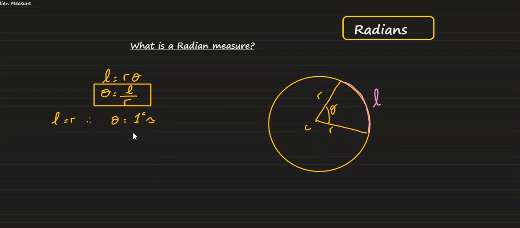And we know from this tutorial that 1 radian is equal in degrees to 57.3 degrees. And lastly, if we take the radius and make it equal to 1 unit, that will give us the formula theta equals L, the subtended arc.